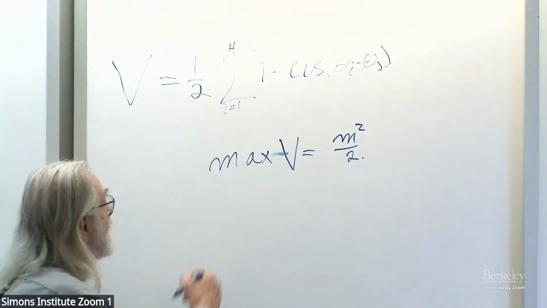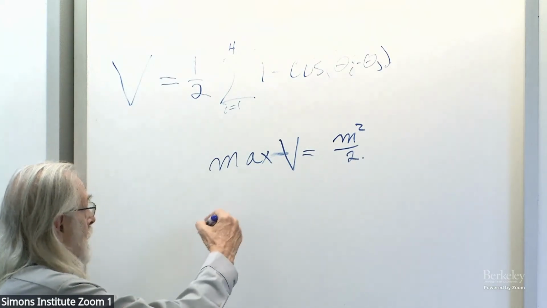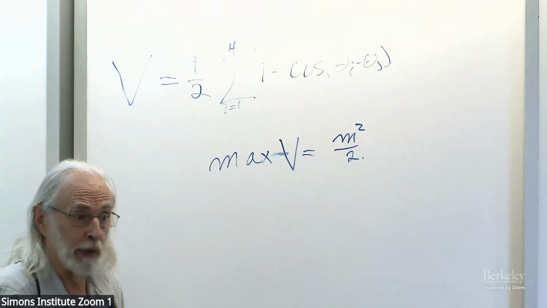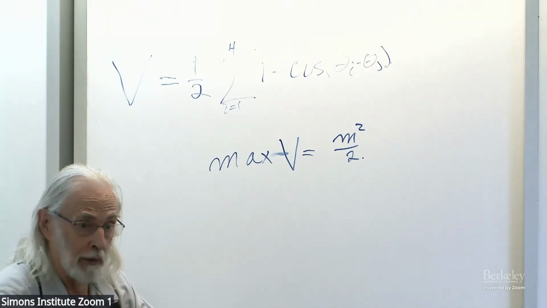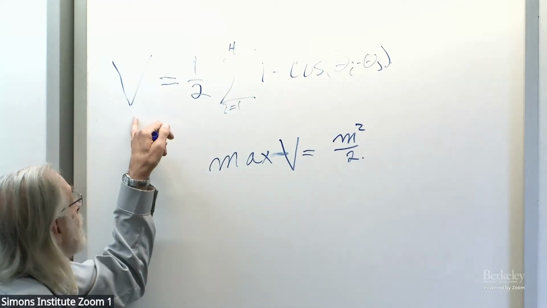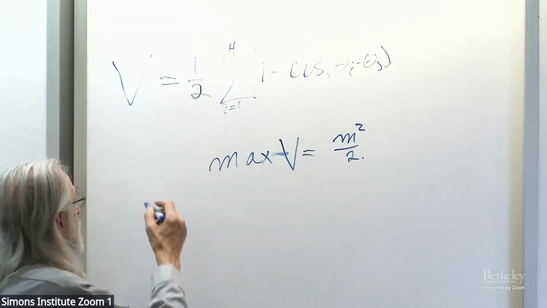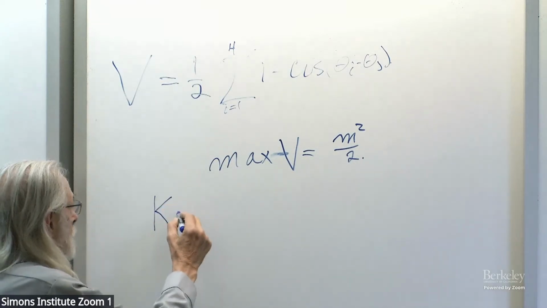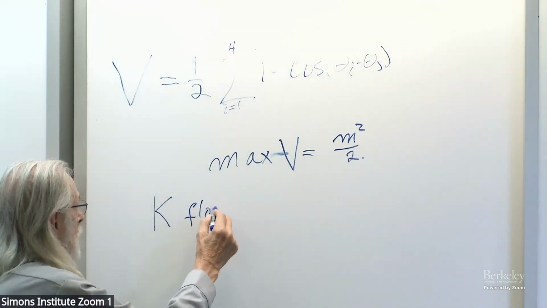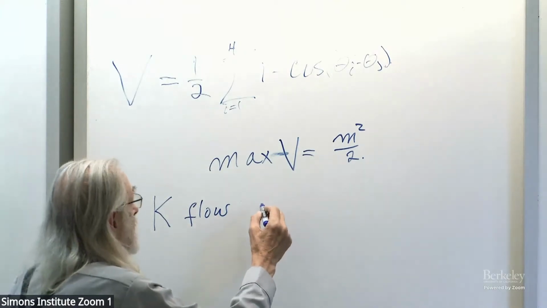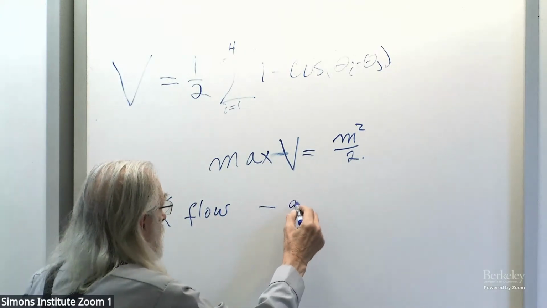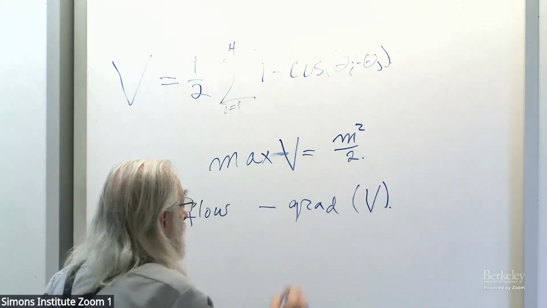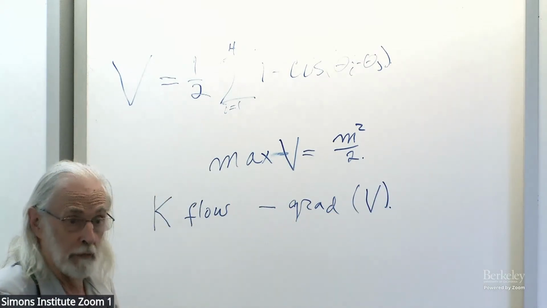Anyway, Steve has described what the picture is like with these templates on the lower part of V. So the Kuramoto flow is the negative gradient of V. That's what we're studying, this flow.